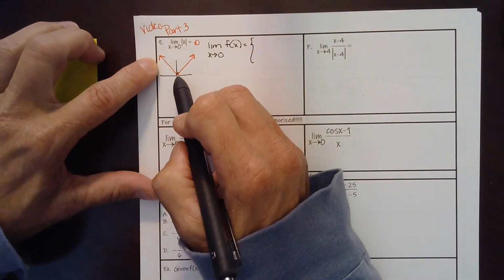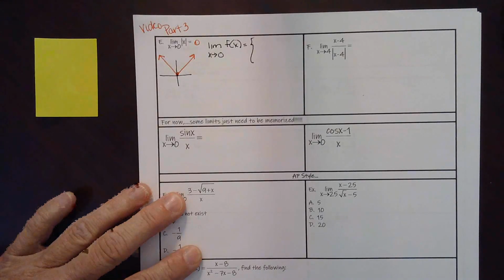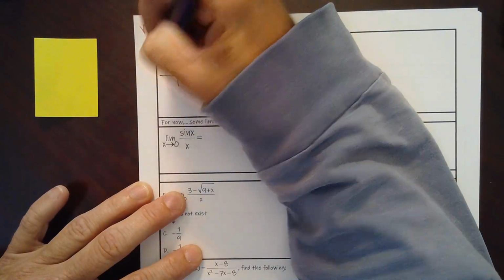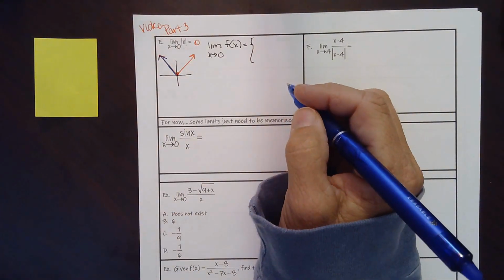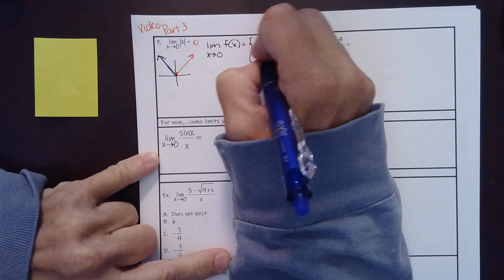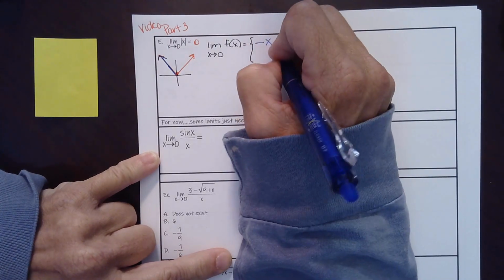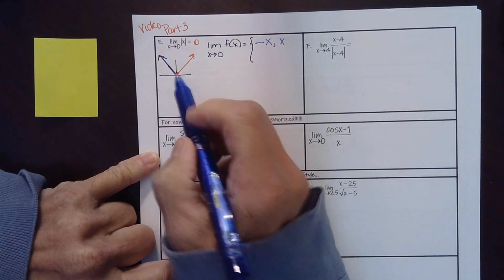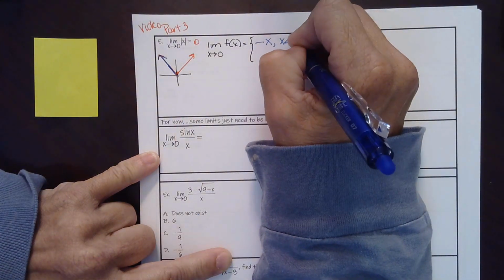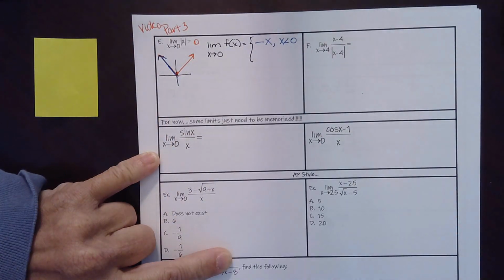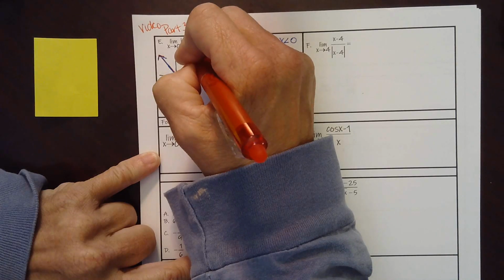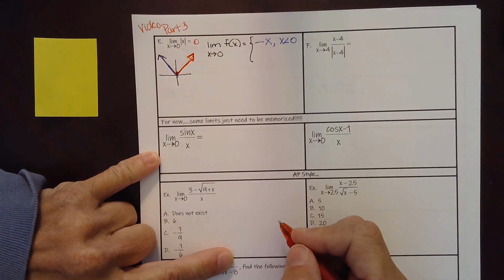now this piece, what would the equation for this piece be? Well, that's just your mom and daddy line that has a negative slope. So this piece would be defined as the opposite of x for the x's that are less than 0. This red piece is defined as, and it's just the mom and daddy graph with a positive slope.